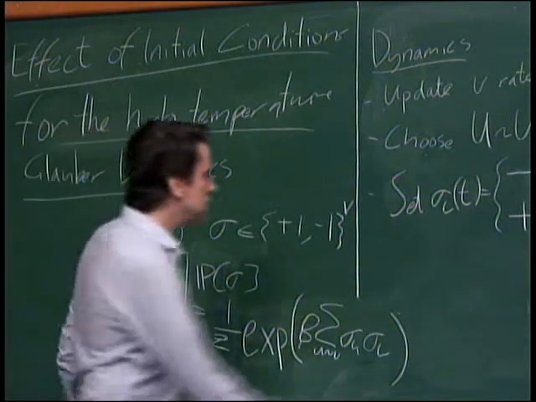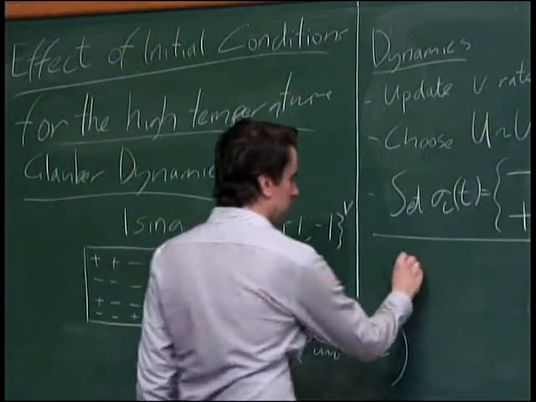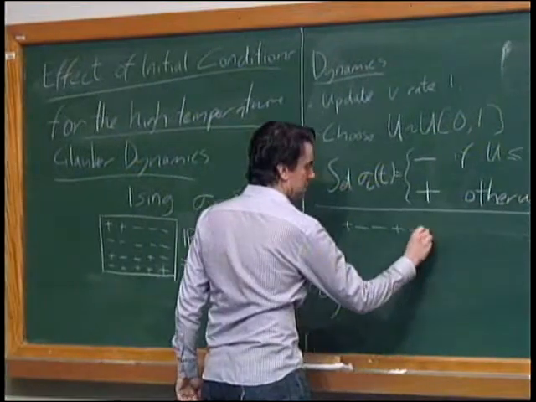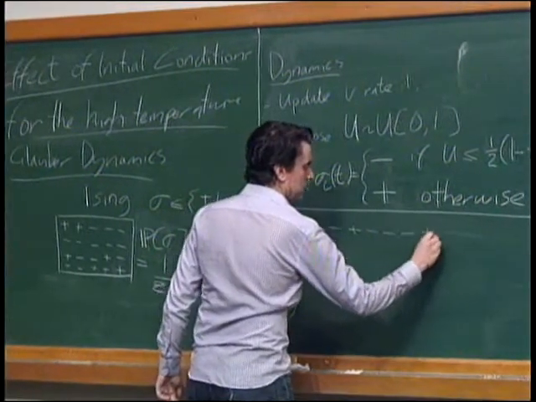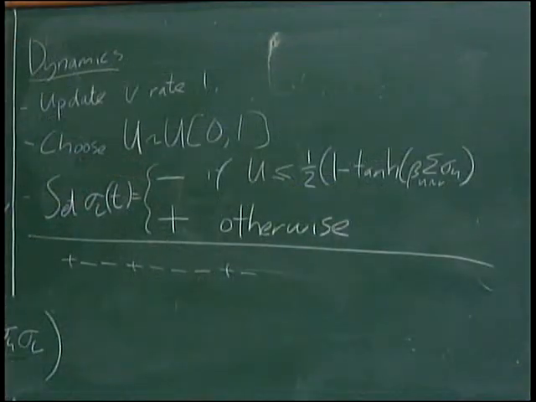Now, when d equals 1, so it's just on a line, things are very simple, because essentially the stationary distribution is just a two-state Markov chain.